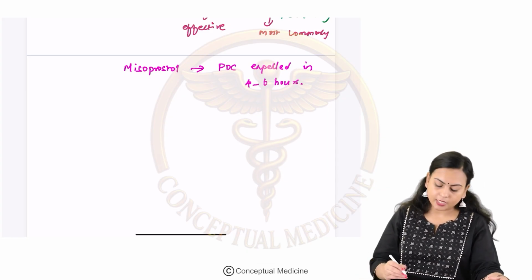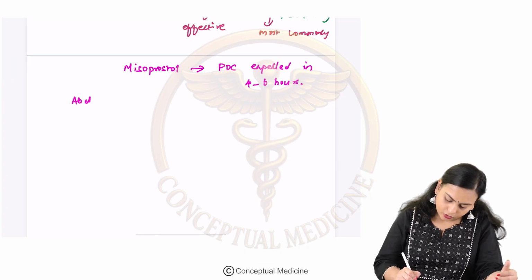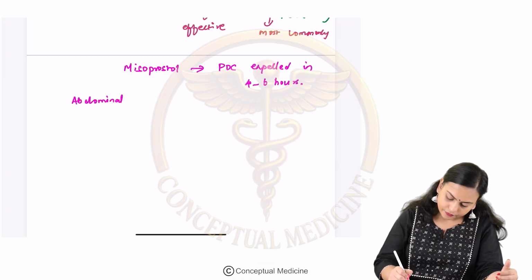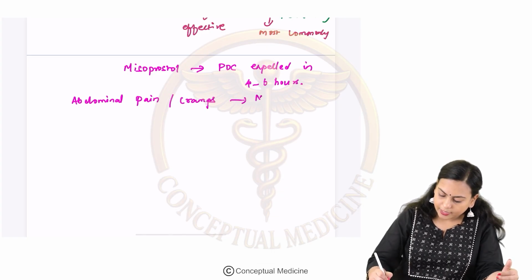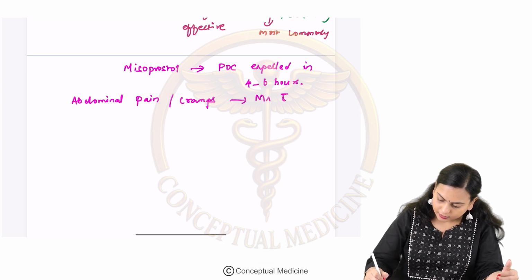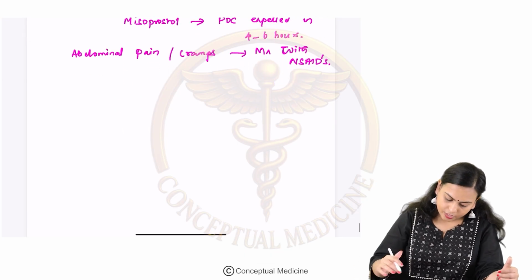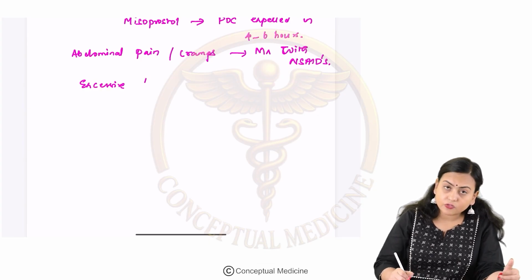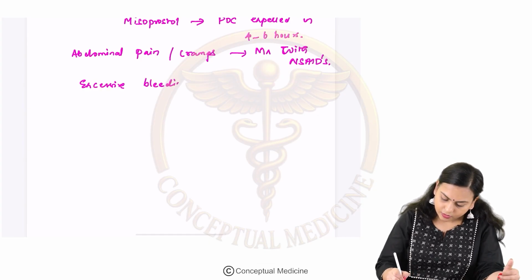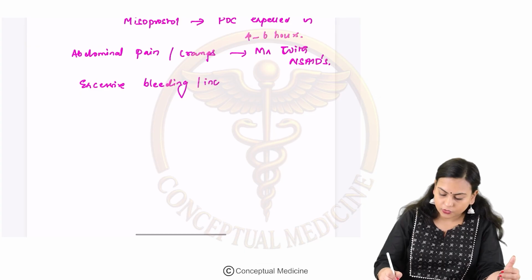Okay. Sometimes there can be abdominal pain or cramps as a side effect. Okay. And if present, you can manage it with NSAIDs, that is non-steroidal anti-inflammatory drugs. And sometimes there can be excessive bleeding or incomplete abortion also.